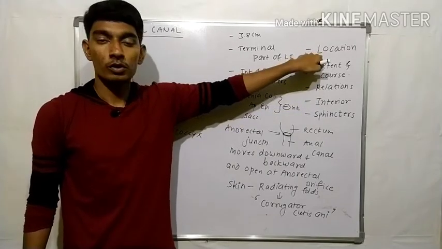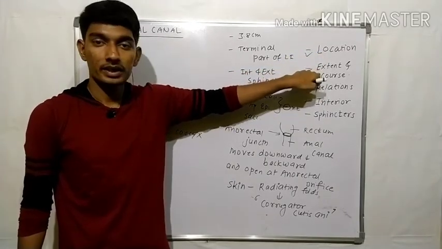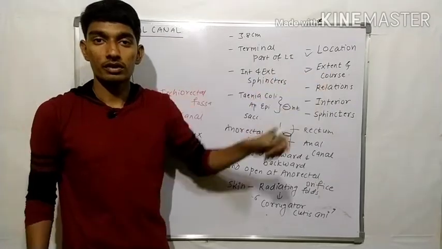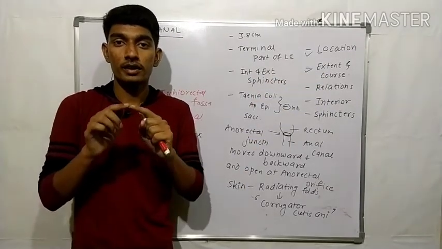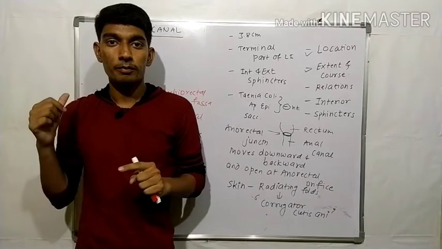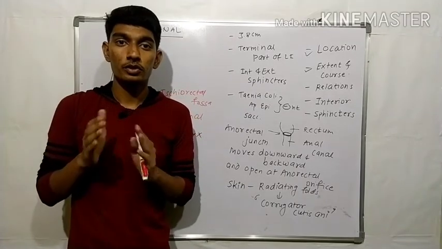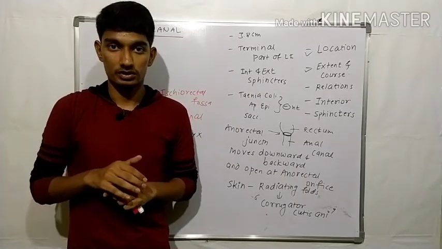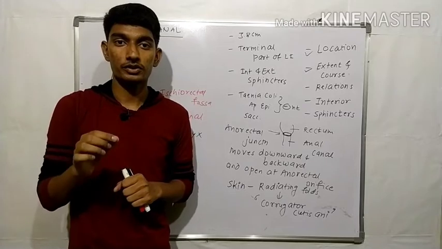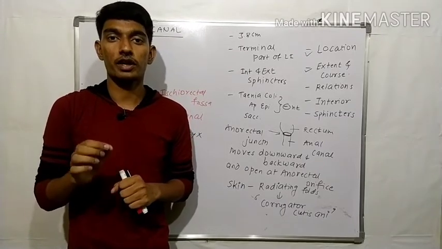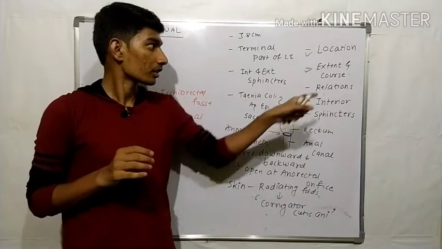We have studied location, extent and course. Location: the anal canal is located in the anal triangle in the perineum, in between the two ischiorectal fossae, which help the anal canal to expand during defecation.